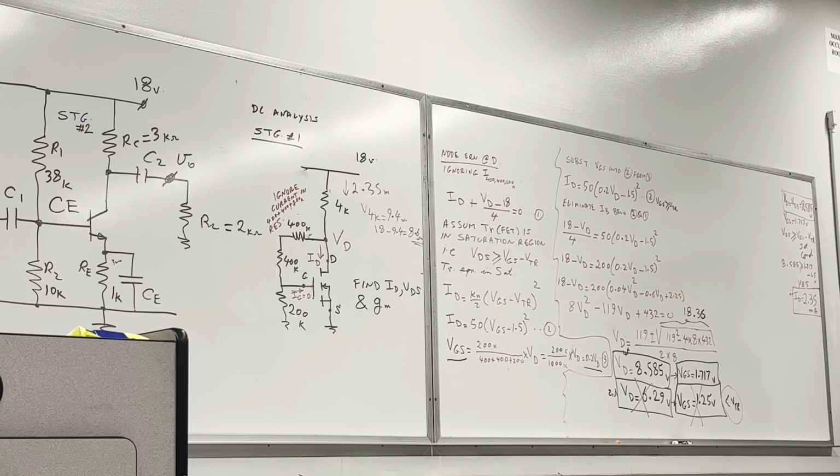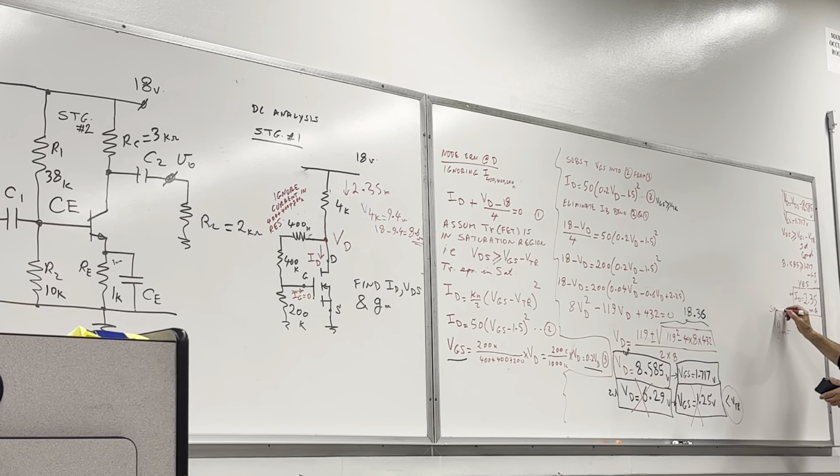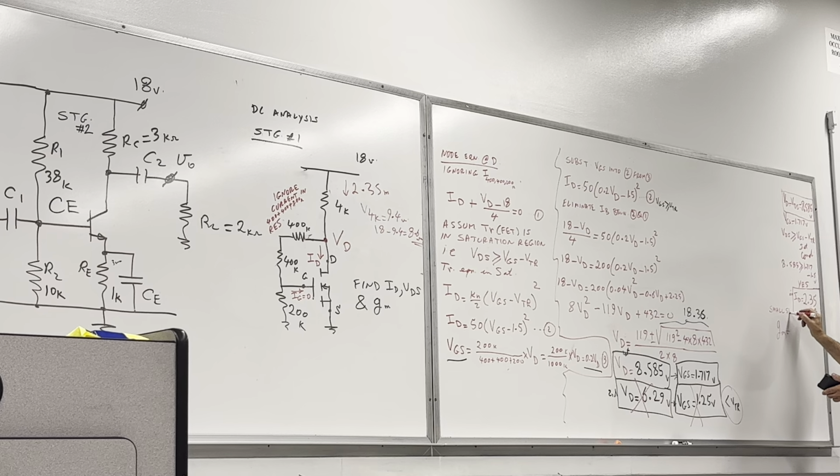One thing needs to come out of it before I start building a small signal equivalent circuit, and that is the GM, the small signal transconductance, which is equal to the square root of 2 Kn ID quiescent. So this will reveal the value of the GM that the transistor produces.